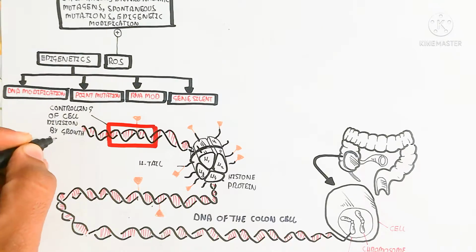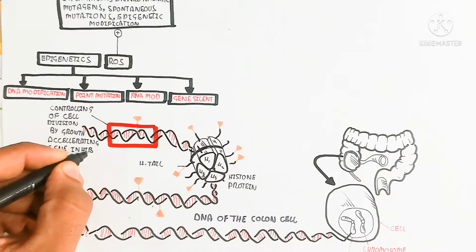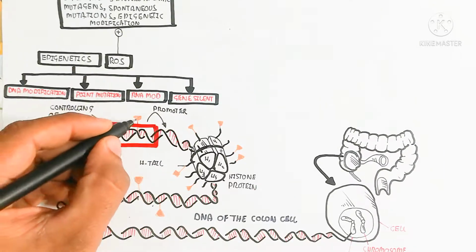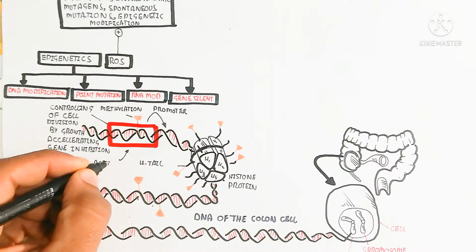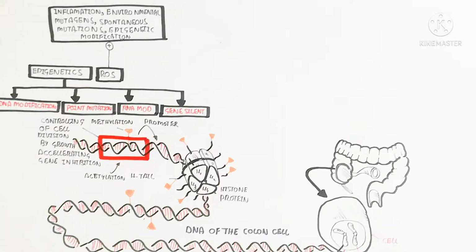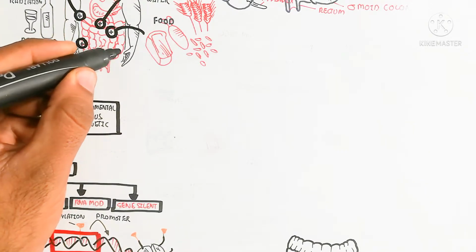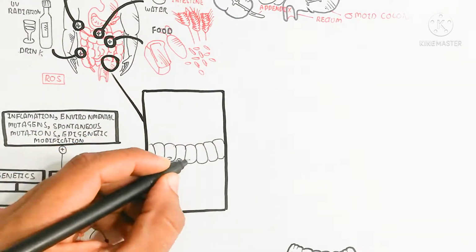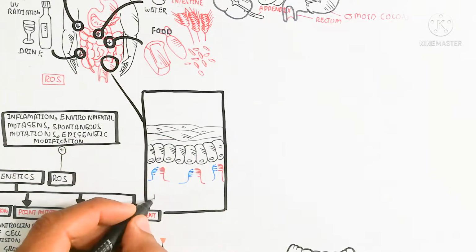The inhibitor gene will be inhibited, and uncontrolled cell division will occur. This uncontrolled cell division and proliferation will damage the DNA, and repair of the DNA will not occur. So this DNA damage is due to epigenetic mutation without alteration of the DNA sequence, while the addition of a methyl group or acetyl group is known as epigenetics.